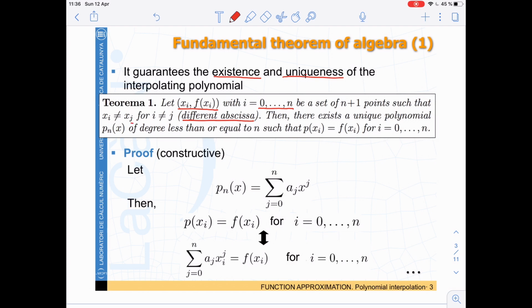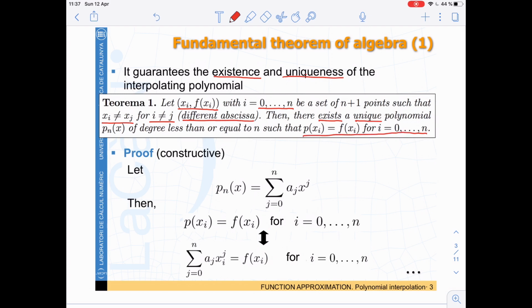So xi is different from xj for i different from j. Then, under these conditions, there exists, so existence, a unique, so uniqueness, polynomial Pn of degree n or less than n that is interpolating.